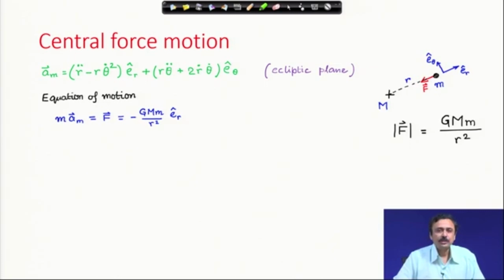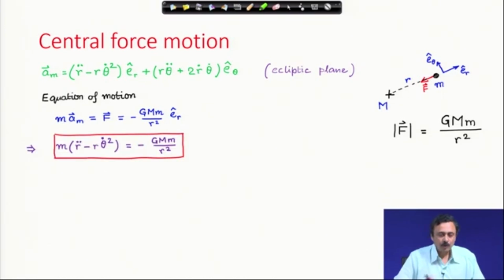Now, the equation of motion is Newton's second law. Mass times acceleration is equal to the net force. I have shown the free body diagram of the particle m. So, mass times acceleration of particle m is equal to the force, which is minus G M m by r square E r cap.